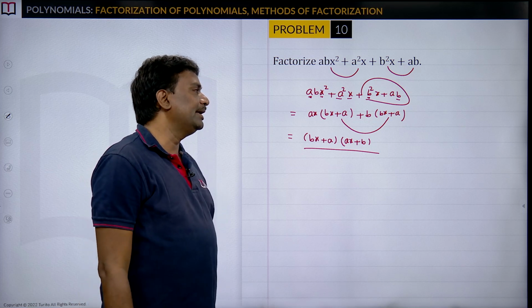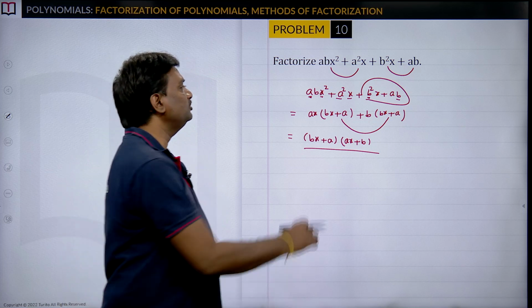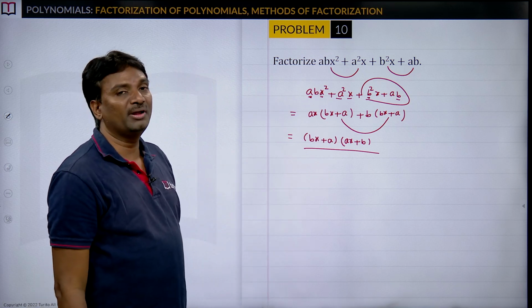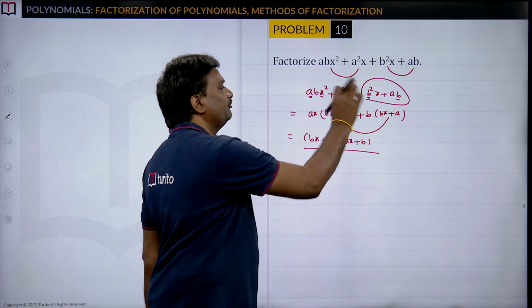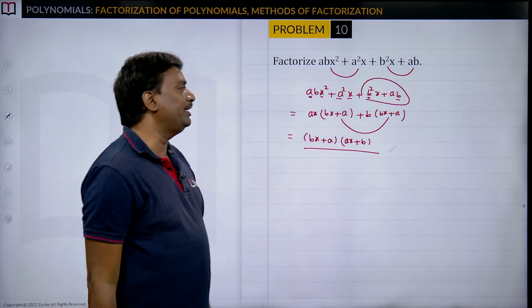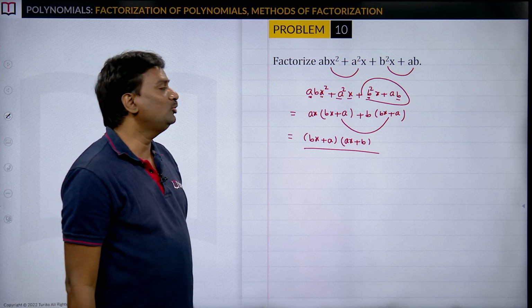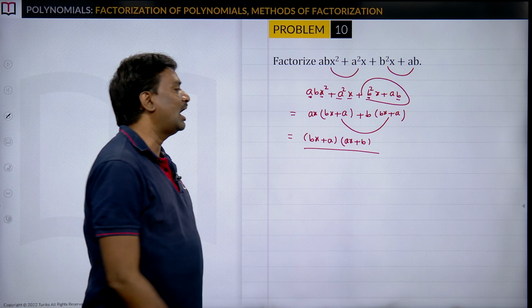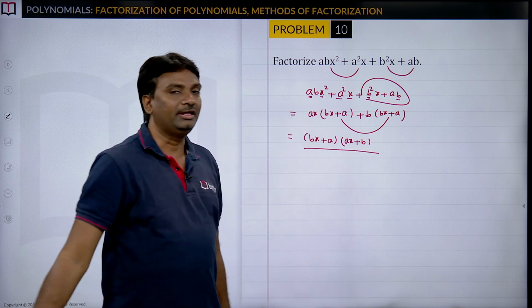So, by taking ax as common from the first two terms we have bx plus a. By taking b as a common factor from the last two terms we have bx plus a. So, by observing ax into bx plus a plus b into bx plus a, again by taking bx plus a as common, we got ax plus b.